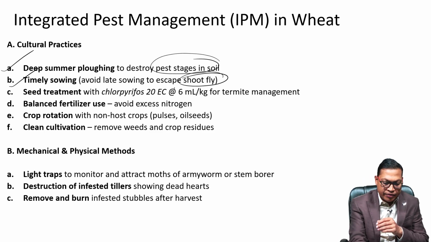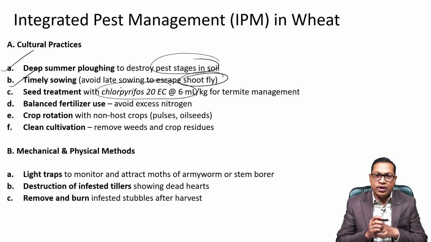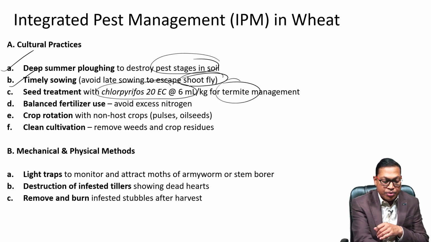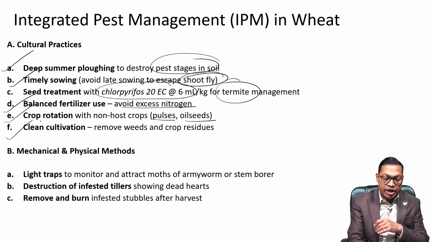Then seed treatment with chlorpyrifos 6 ml per kg for termite management. Then balanced fertilizer application, so that excess nitrogen can be avoided. Crop rotation: we can go for pulses and oilseeds in the rotation. Then clean cultivation will also help in removing weeds and crop residues.